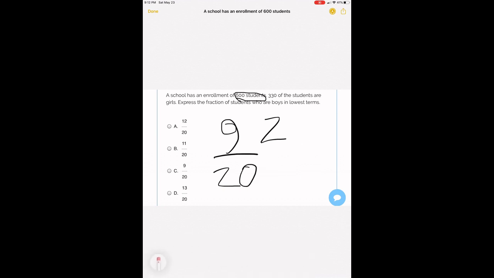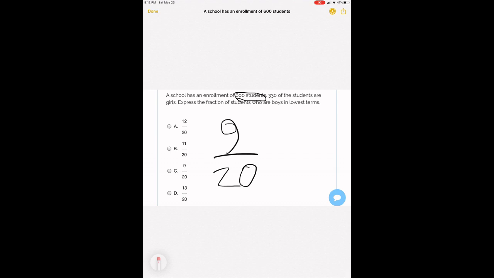Why are we sure that this is the lowest terms fraction? Because 9 cannot be divided by any number except 3 and 9, right? And 20 cannot be divided by 3 or 9. So we can see that now we cannot use any number to divide both of them at the same time. So 9 over 20 is the lowest terms fraction of boys in this school.